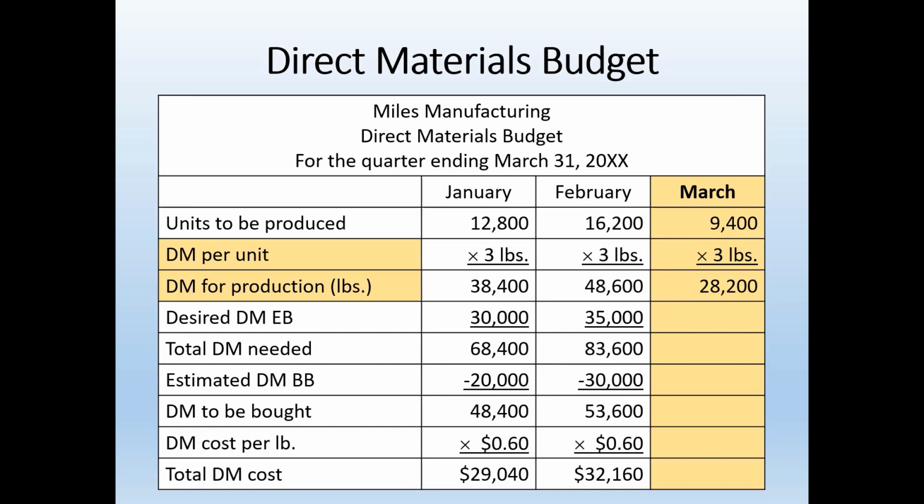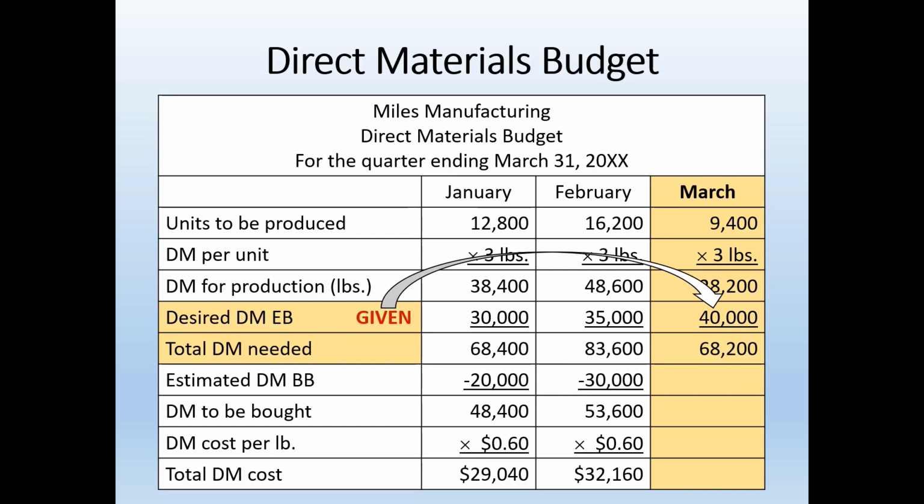We take the number of units that the firm expects to produce, multiply it by the 3 pounds per unit to get the amount of material for production, add in the desired ending inventory of 40,000 pounds to get the total amount of materials needed.